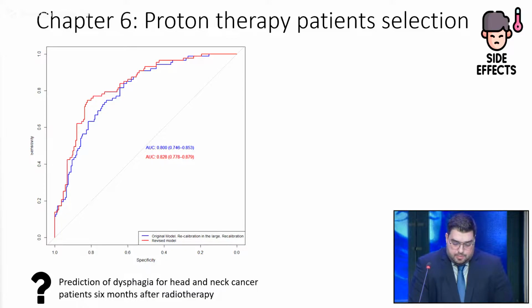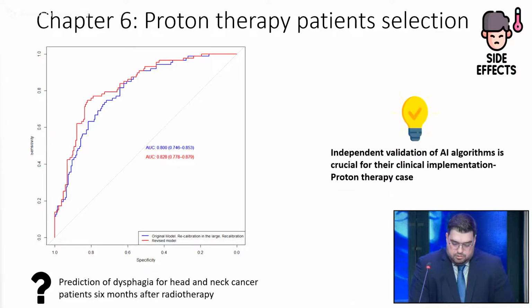As you can see, the performance of these models is good. I concluded that independent validation of AI algorithms is crucial for their clinical implementation, and specifically for the proton case in Maastricht Clinic.